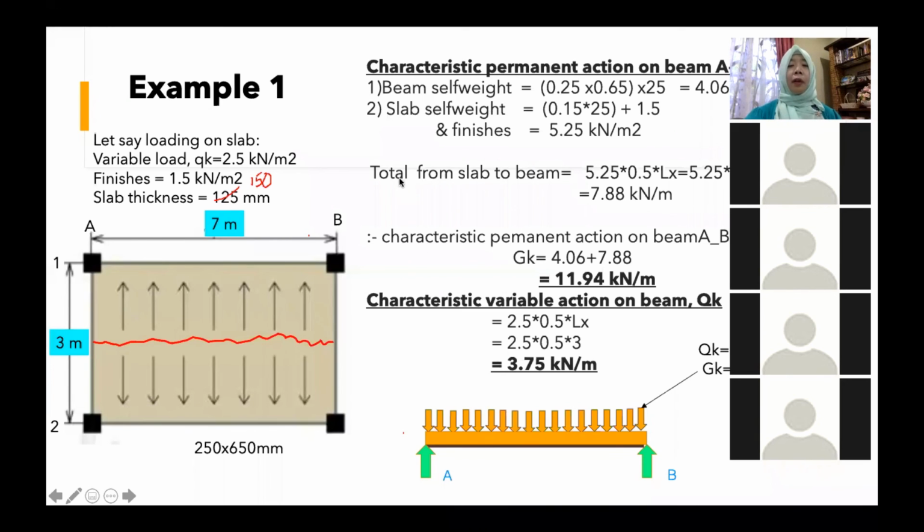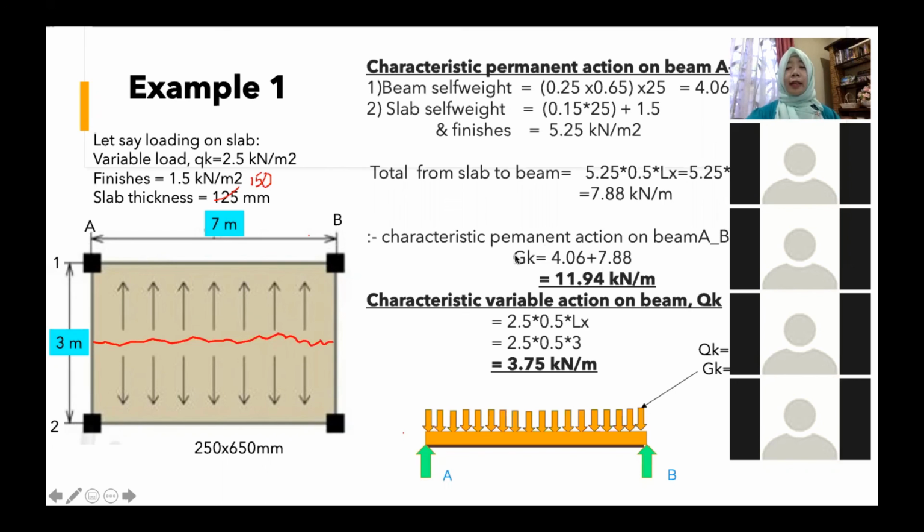So the load from slab to beam is this load times the coefficient 0.5, fixed for one-way slab, times LX. Everything is LX, no LY. You get 7.88. Therefore, the characteristic permanent action on the beam GK is 4.06 due to beam self weight plus 7.88 from the slab, so 11.94 kilonewton per meter.